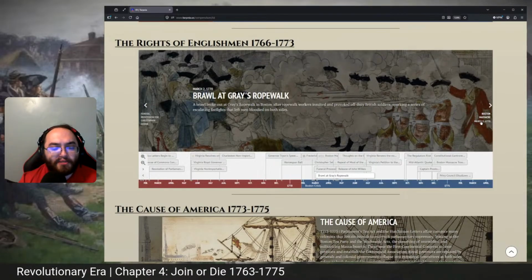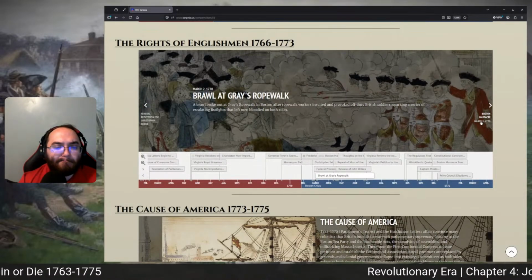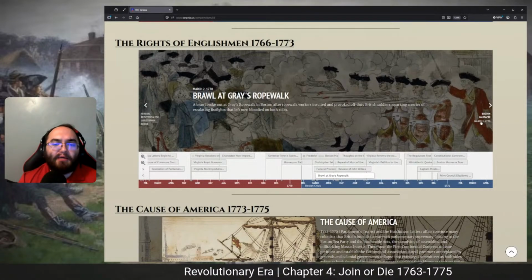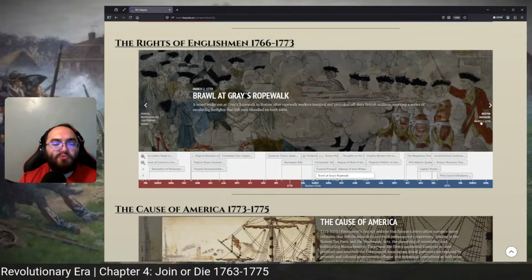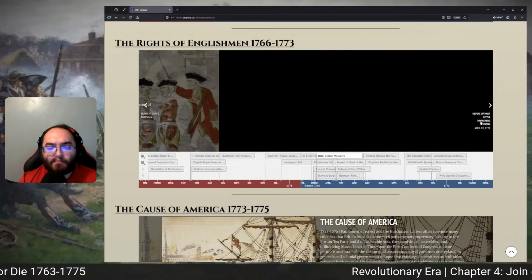Following the funeral procession, there is this brawl that happens in Boston between workers and off-duty British soldiers who were stationed in Boston to protect the commission's officers.